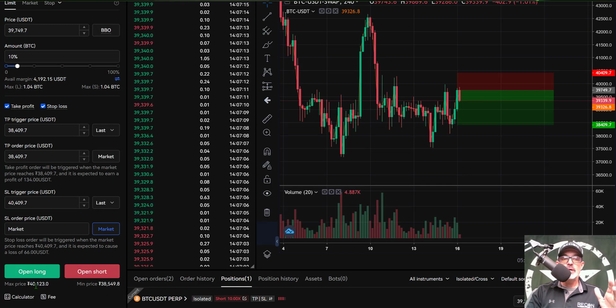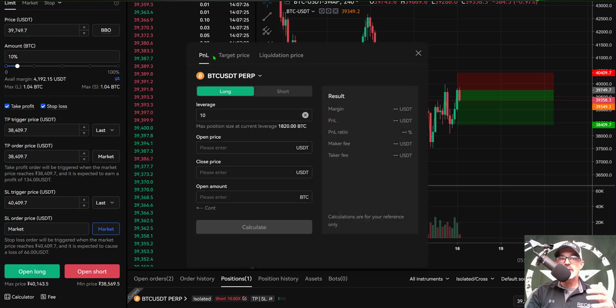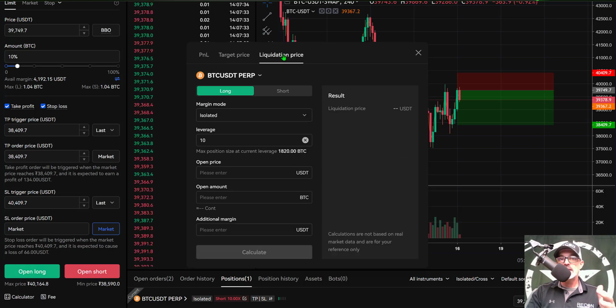But before you do, you might want to come over to the calculator in the lower left-hand corner of the screen and give that a click. This calculator would allow you to look at your P&L, your target price, or your liquidation price. With my current parameters, let's take a look at what my liquidation price would be, and we can click on short because I'm going short.